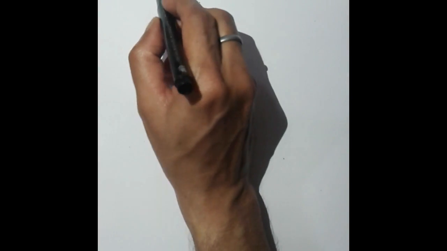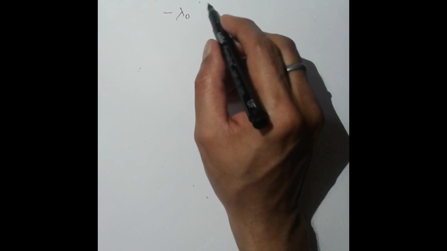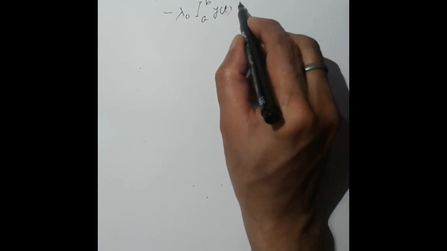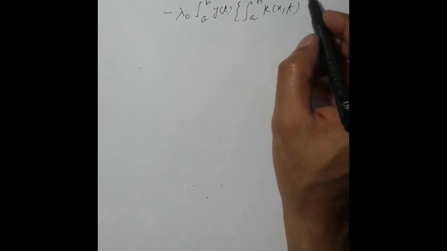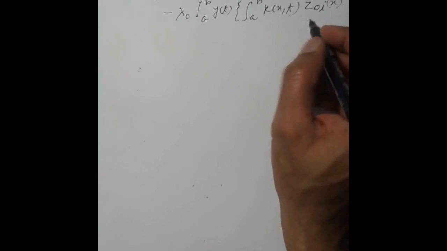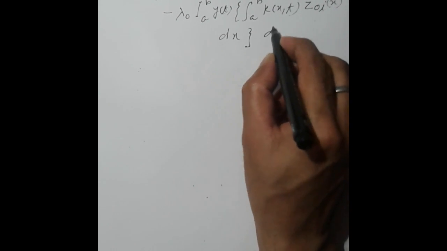This is equal to the integral from a to b y(x) z naught i(x) dx minus lambda naught, the integral from a to b y(t), the integral from a to b k(x,t) z naught i(x) dx dt.